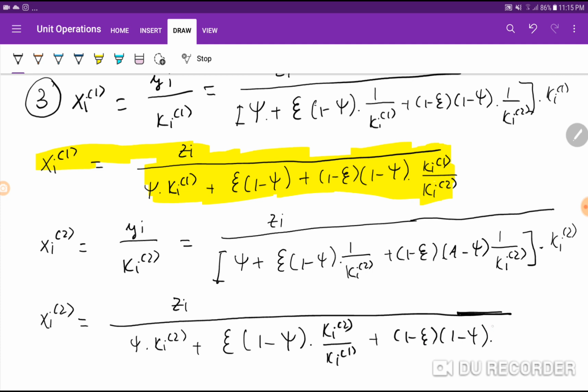Okay, cool. So this is our expression for xi2.